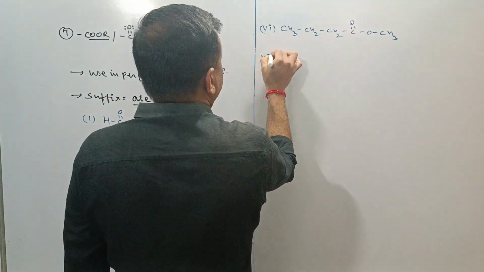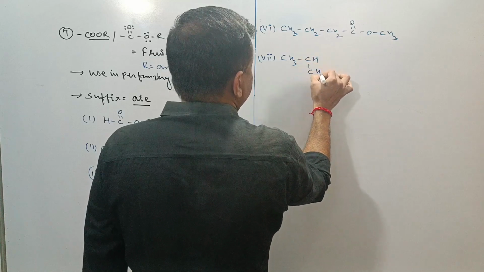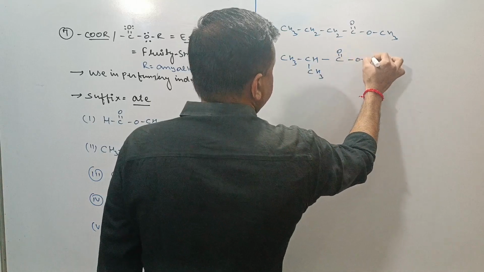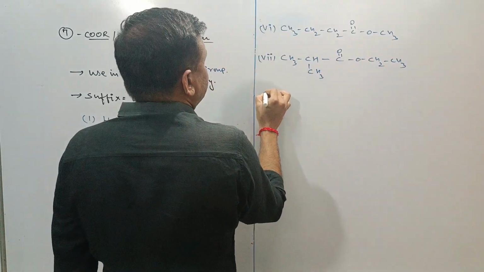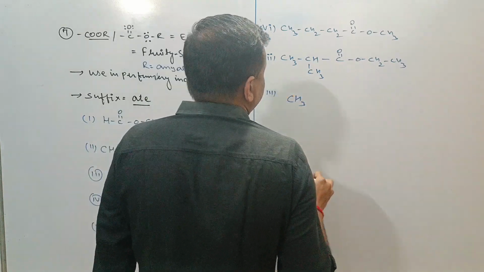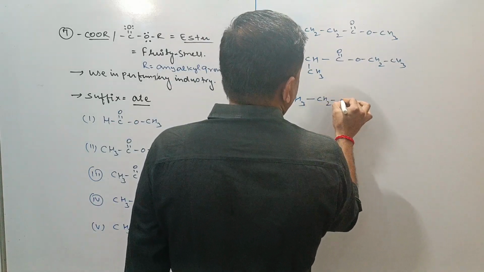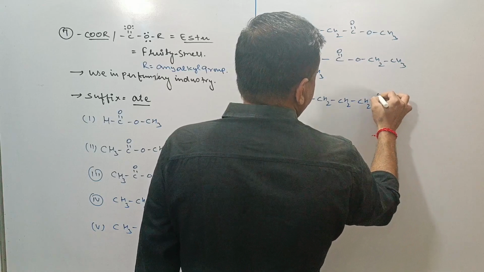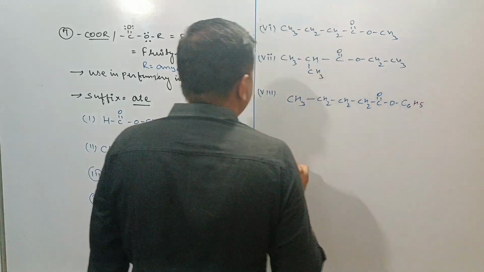The eighth compound is CH3 CH2, CH2, COO, you can take aromatic also, C6H5.